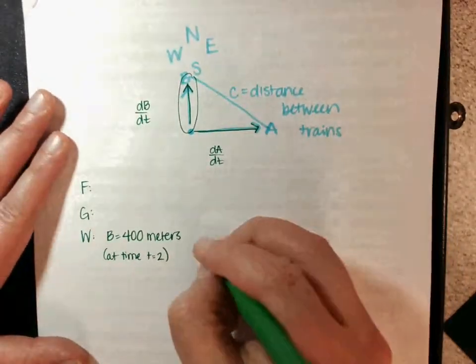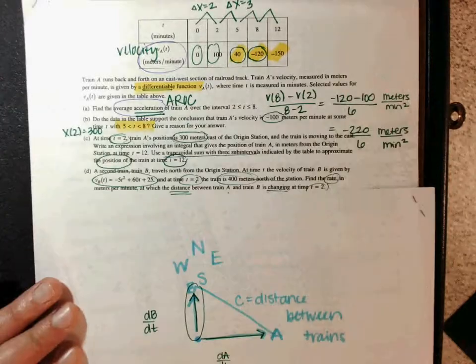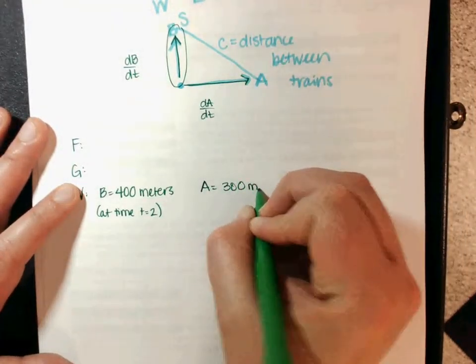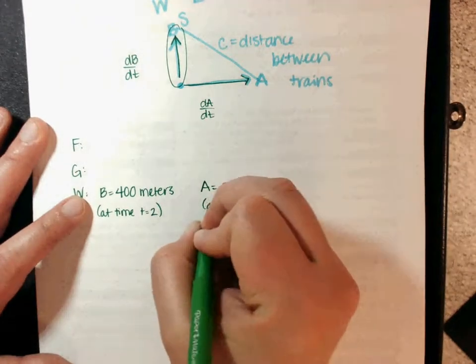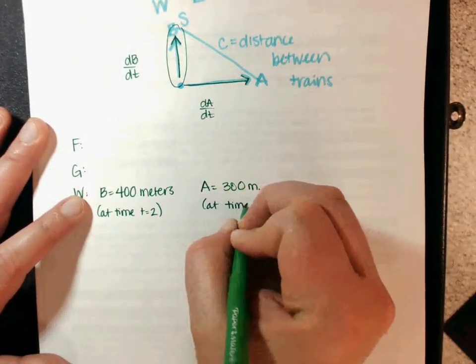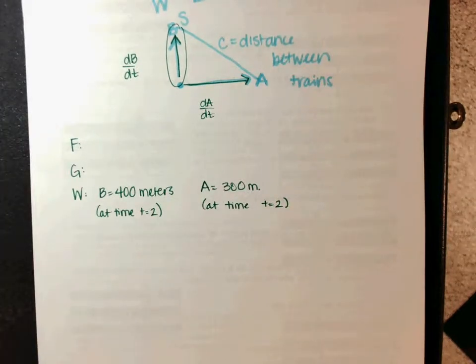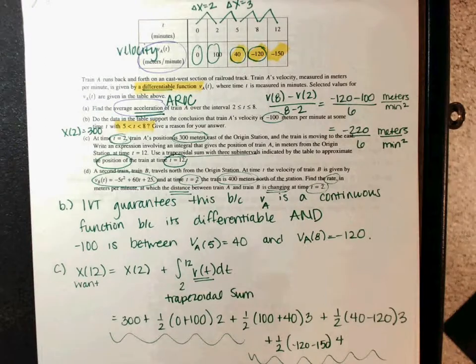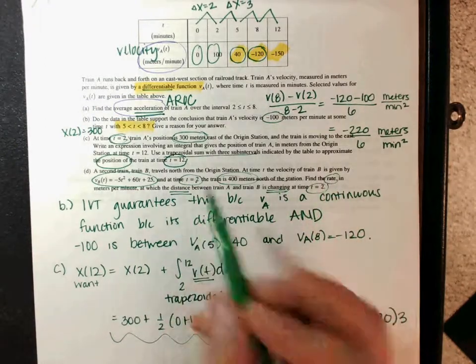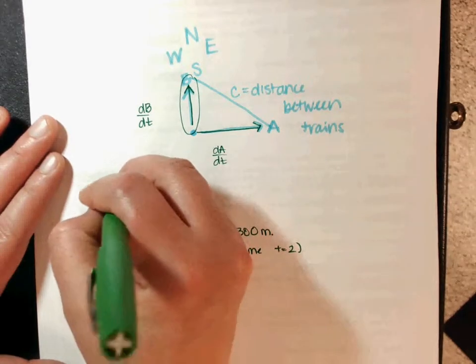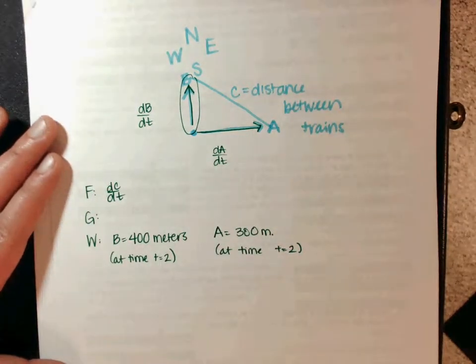So that means that A is 300 meters east. Now also keep in mind that's at time 2, but since that's the time we care about anyway, who cares? Okay, then it says we want to find the rate that the distance between the trains is changing, so we want to find dC dt.